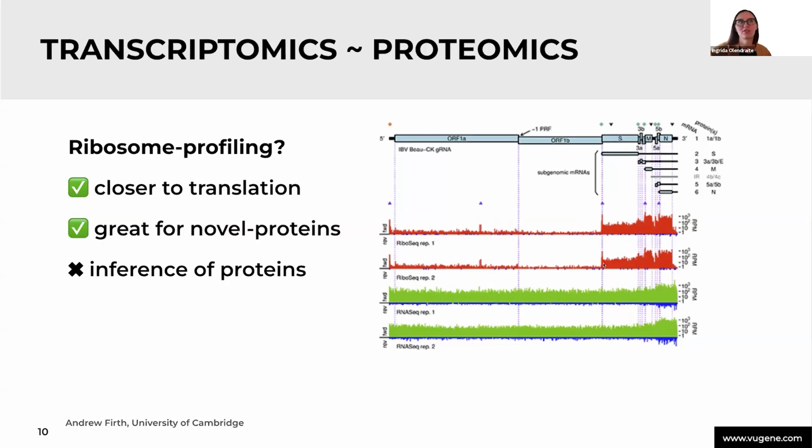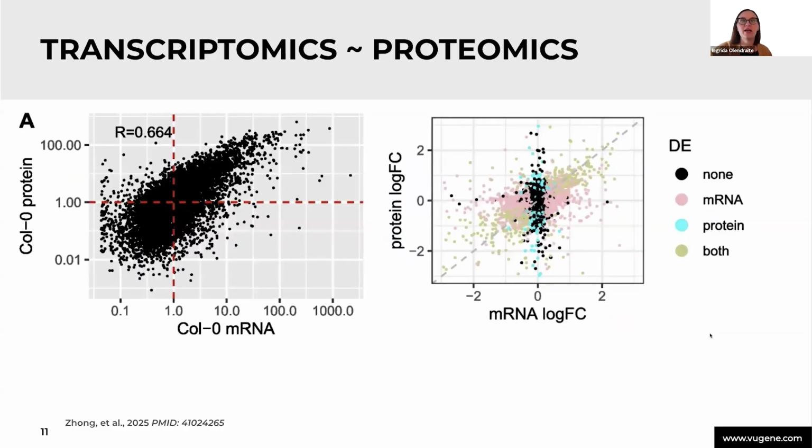It's a really great method if you want to identify unknown proteins, overlapping small novel proteins. It is much closer to translation because you can infer more about translation, but you can't count the proteins right after that. So coming back to multiomics, ribosome profiling doesn't solve that gap and issue.